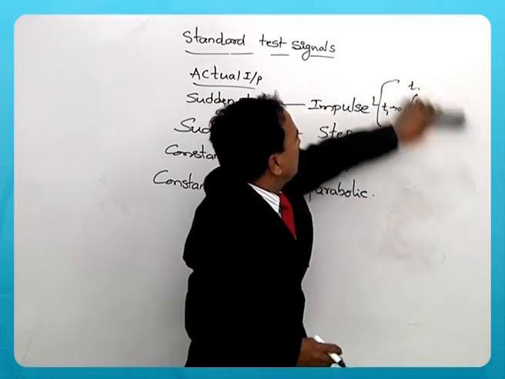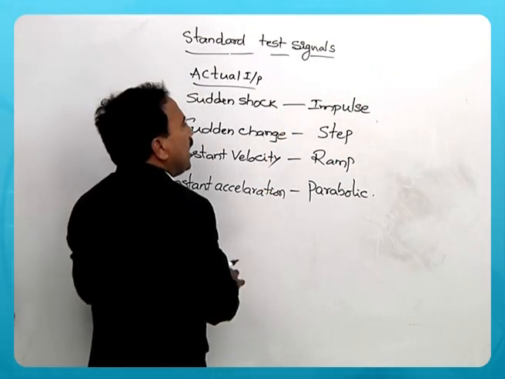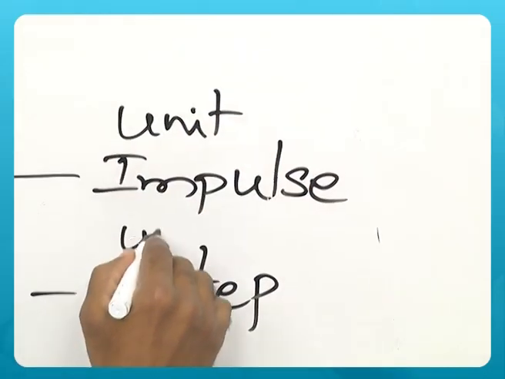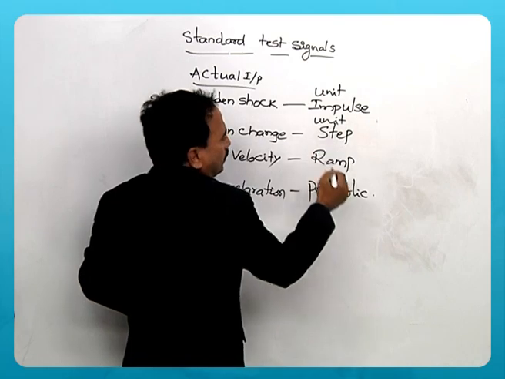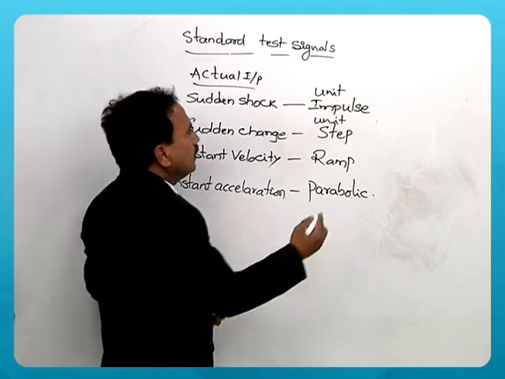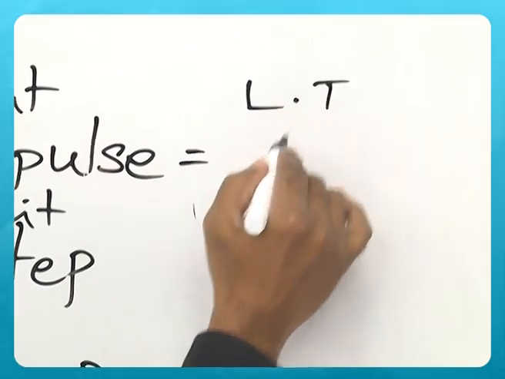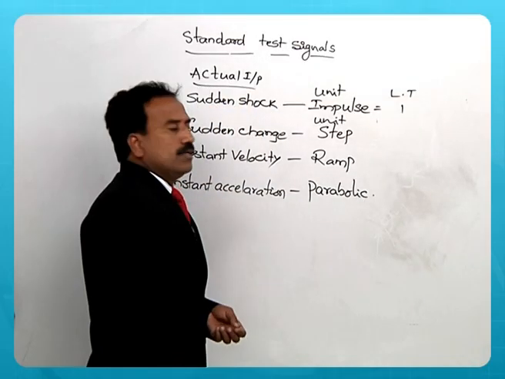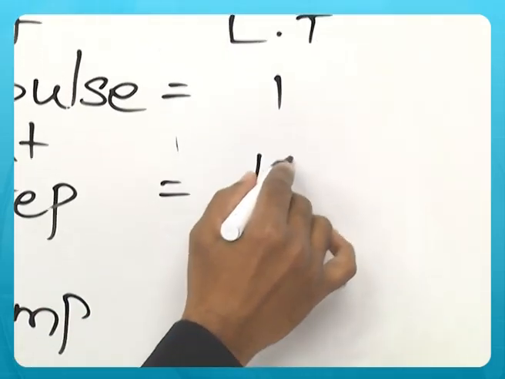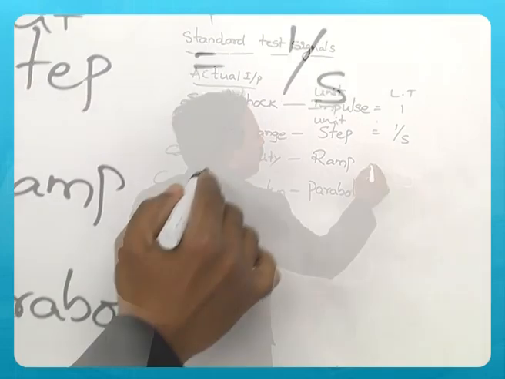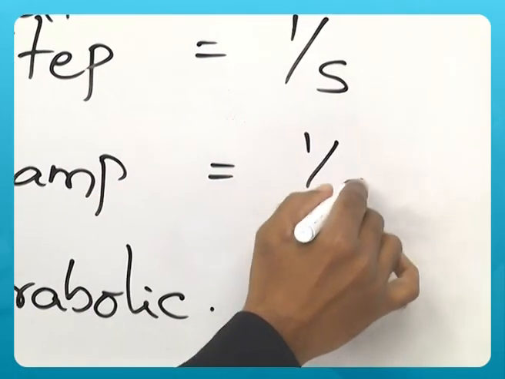If you take, just for convenience, unit impulse, unit step, unit ramp, and unit parabolic, then the Laplace transform of unit impulse is 1. The Laplace transform of unit step is 1 by s, and the Laplace transform of a ramp signal is 1 by s squared.